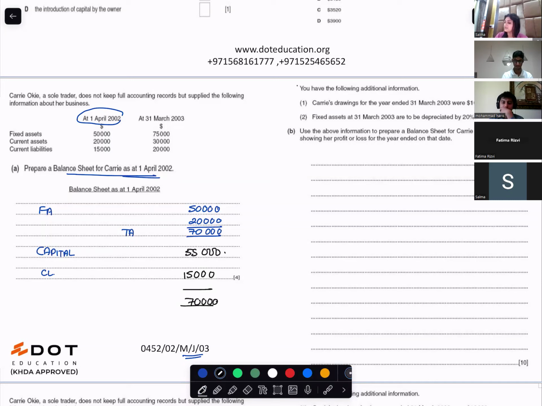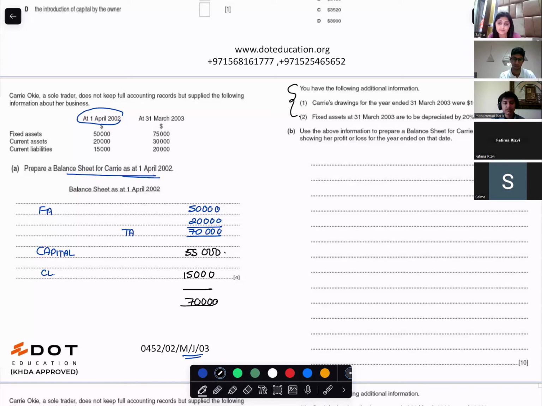Now, whatever adjustments are given, they are given for what? The closing balance sheet, right? Drawings. What is the adjustment that is given to us?